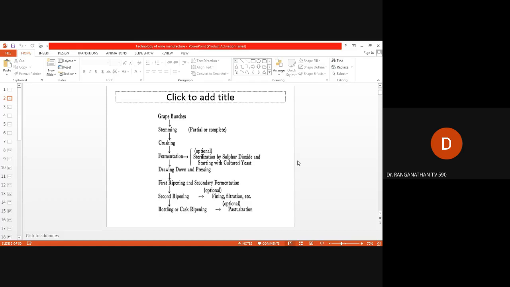For example, we have pineapple wine, we have cashew wine. In fact, we can also have tamarind wine, because there is definite literature regarding wine even from tamarind. The basic thing is these substrates have a rich amount of easily fermentable sugar, that is glucose or sucrose. That is the main thing.